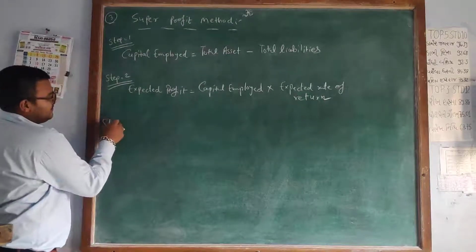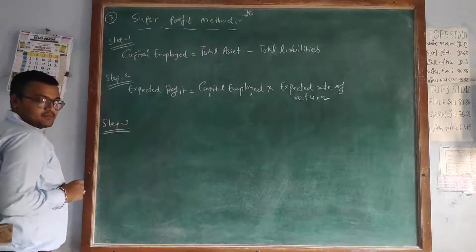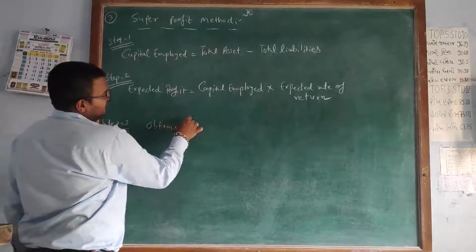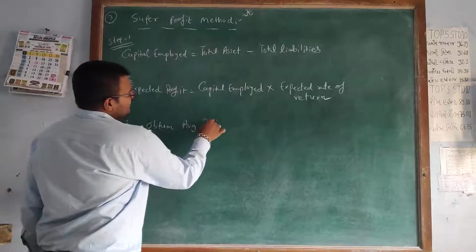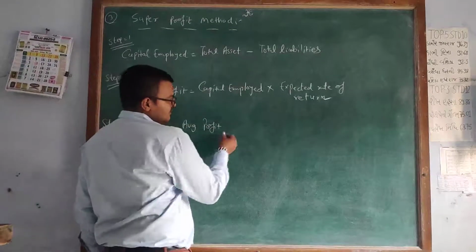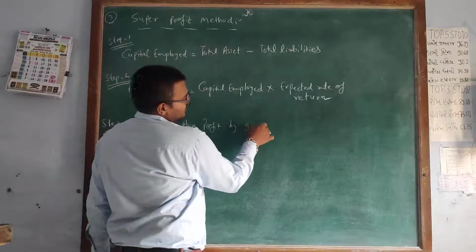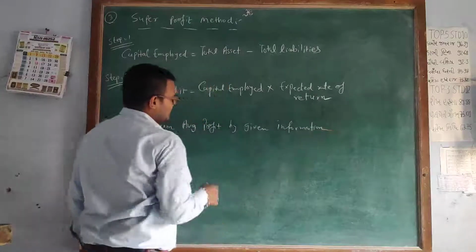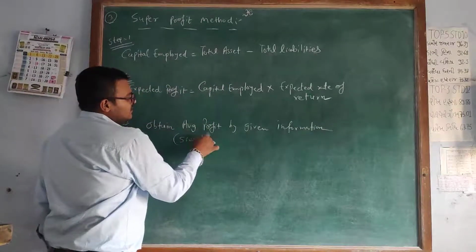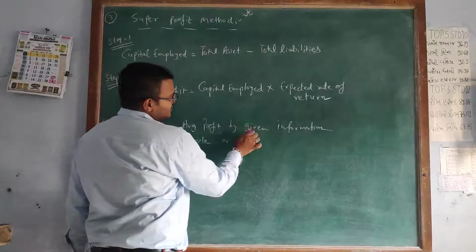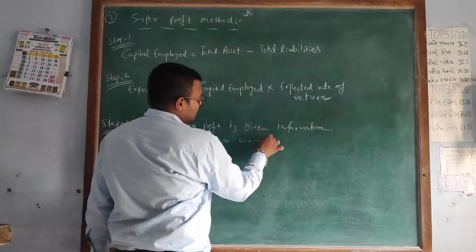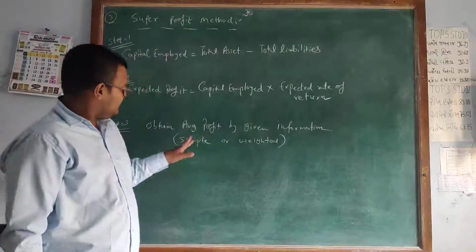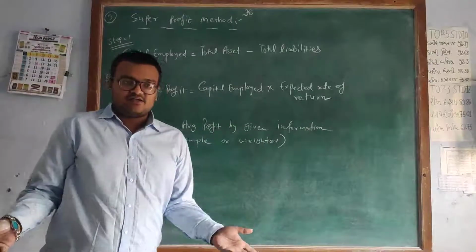Step 3. Obtain average profit by given information, whether it is simple or weighted. We have to obtain average profit by given information, simple or weighted, whatever.